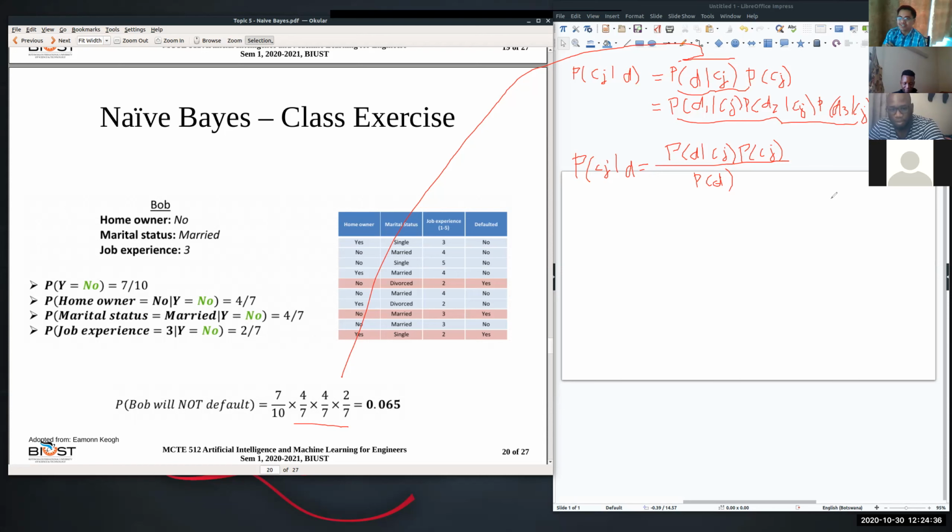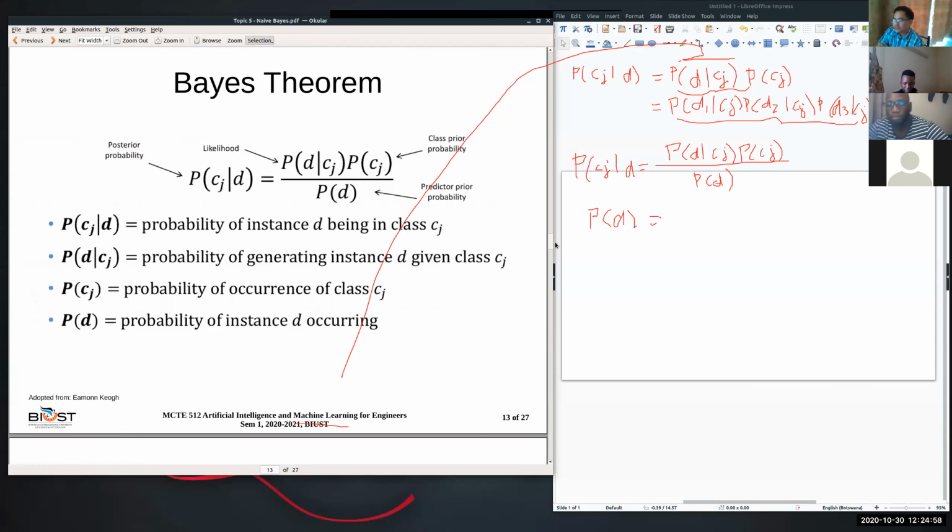Then, well, let's compute. The way to verify it is to compute. Okay? So we say that the probability of the attribute D is equal to, we just follow whatever is written in the equation here.